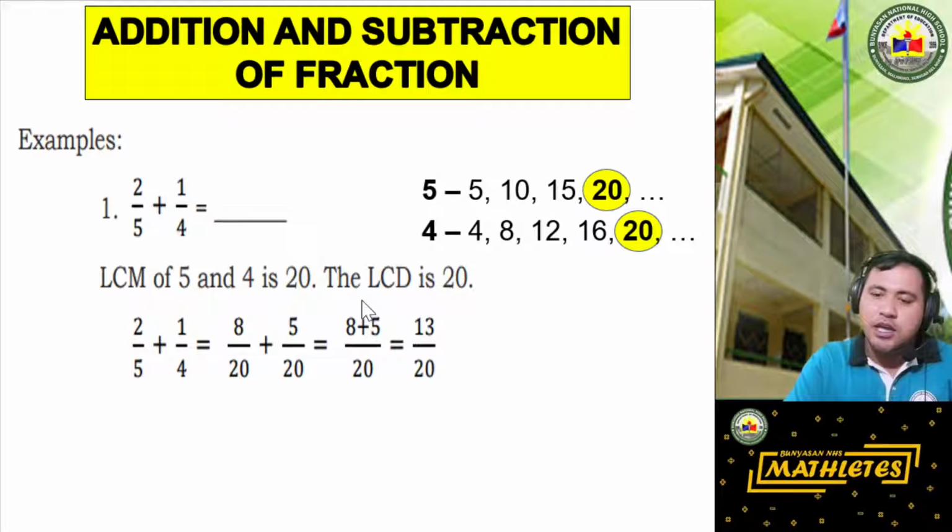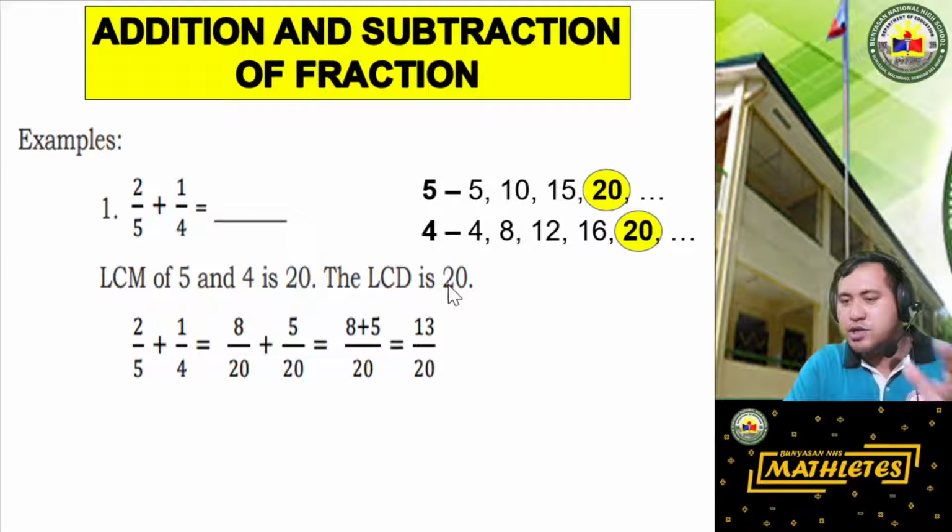Okay. Pero proseso sa paghahanap ng LCD ay gamit ang LCM. So we have that 20. So we are going to rename each fraction into similar fraction. Rename siya. I-rename.